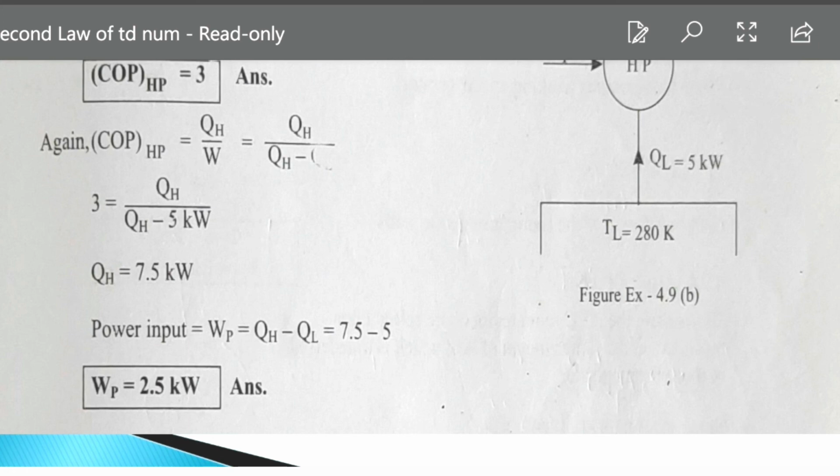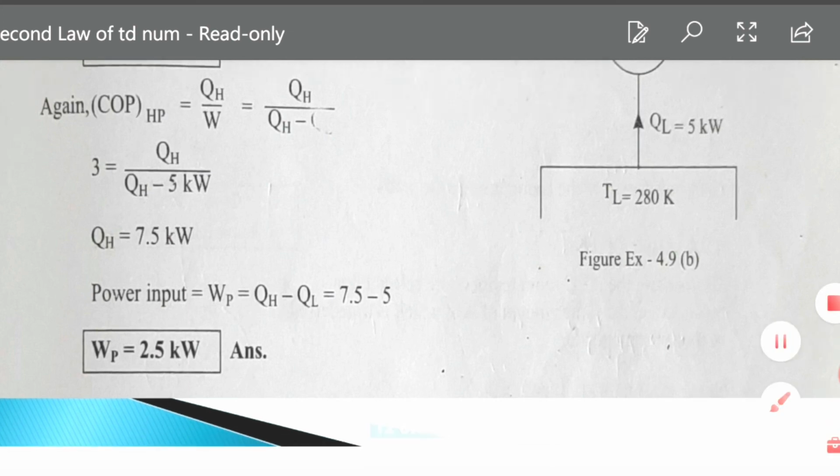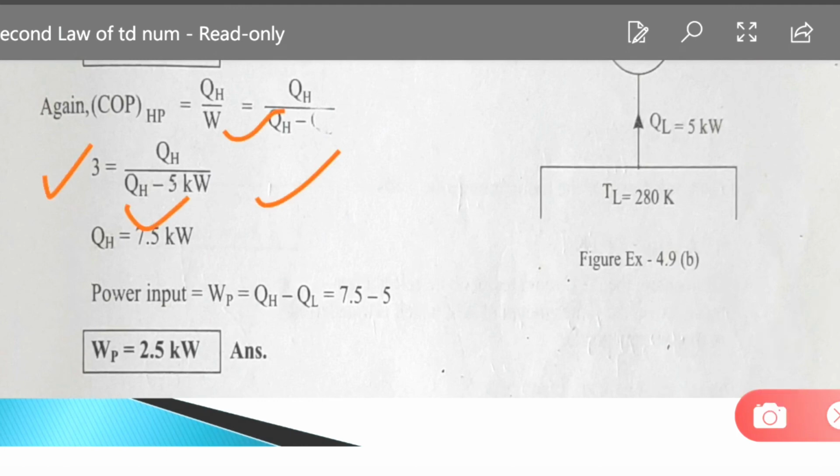We have already determined the value of COP, that is equal to 3. So 3 equal to QH divided by QH minus 5 kilowatt. Here QH equal to 7.5 kilowatt.